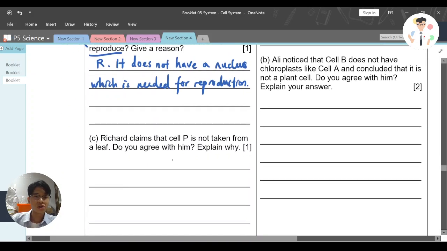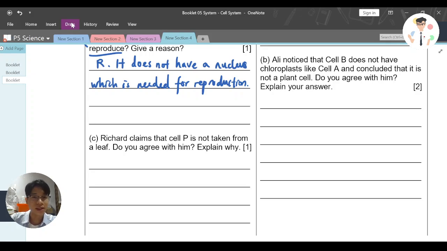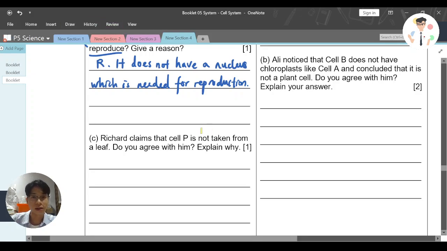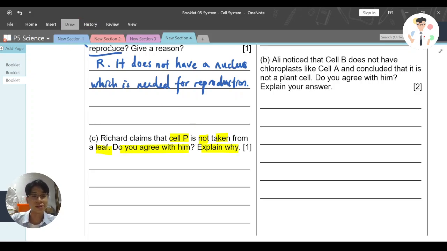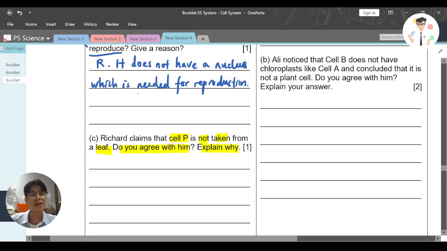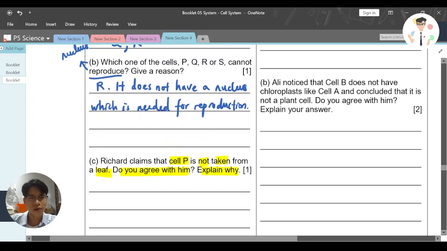C. Richard claims that cell P, let me just highlight, is not taken from a leaf. Do you agree with him? Explain why. So the answer that you need to answer is, do you agree? Yes or no? And explain why. P, not taken from a leaf.